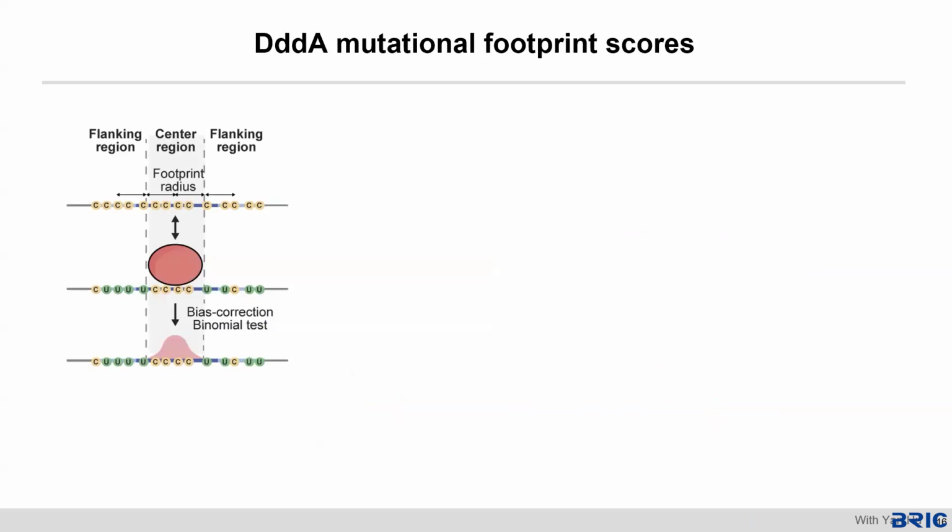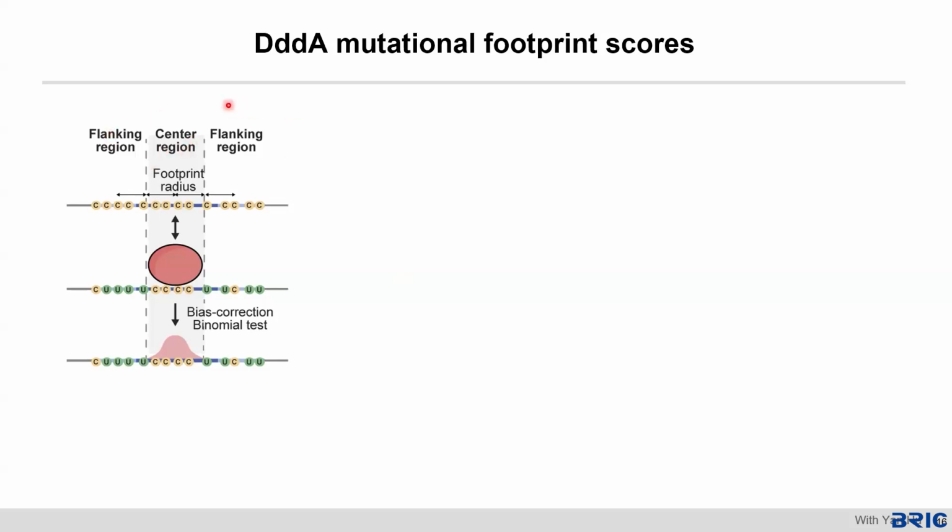Next, we wanted to use TDAC-seq to detect endogenous protein binding as well, such as nucleosomes and transcription factors. And to more quantitatively measure the mutational footprints, we calculated footprint scores by adapting the ATAC-seq footprint calling methods. The way it is performed is we first define a window consisting of a center region and two flanking regions.